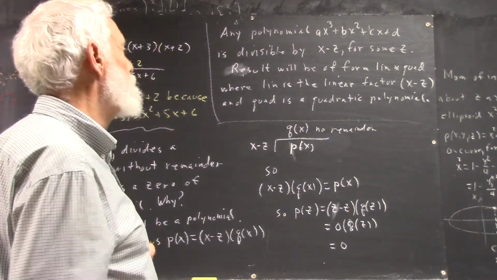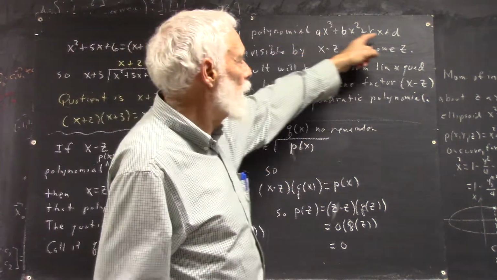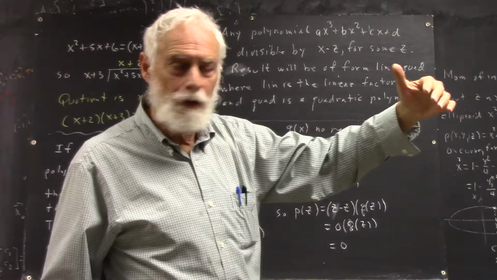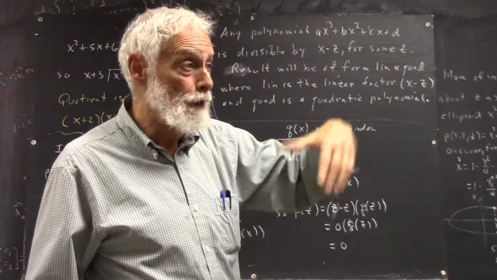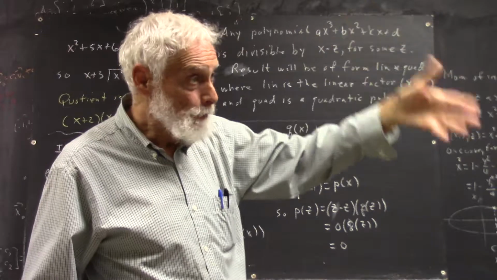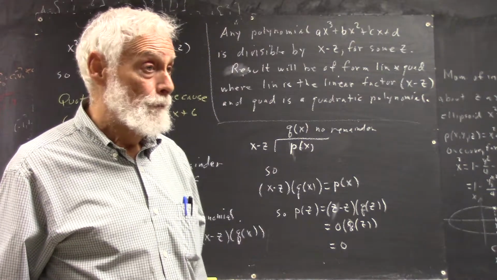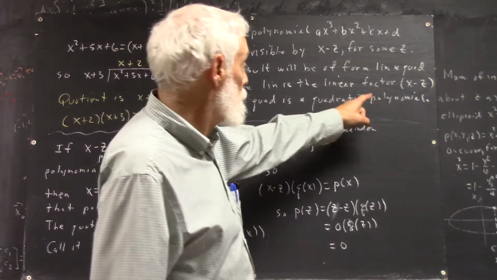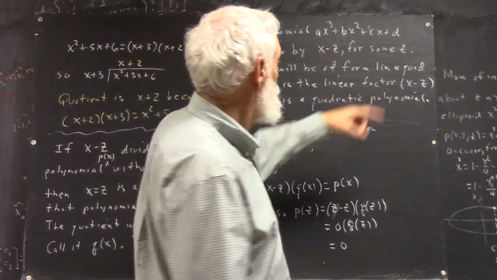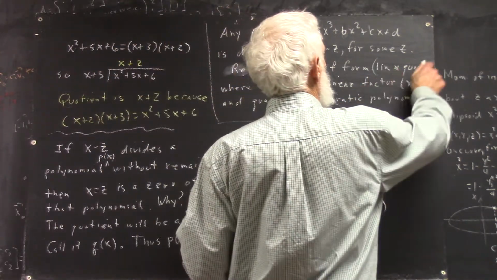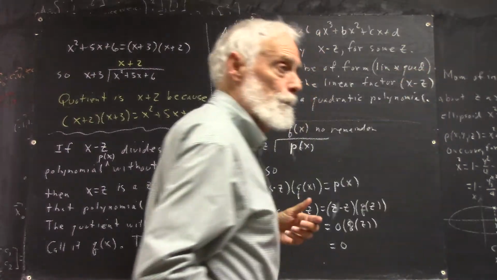So that means that what you get as your quotient is going to be quadratic. It's going to be an ax squared plus something times x plus a constant number, right? So it will give you a linear times a quadratic. So the form is linear times quadratic.